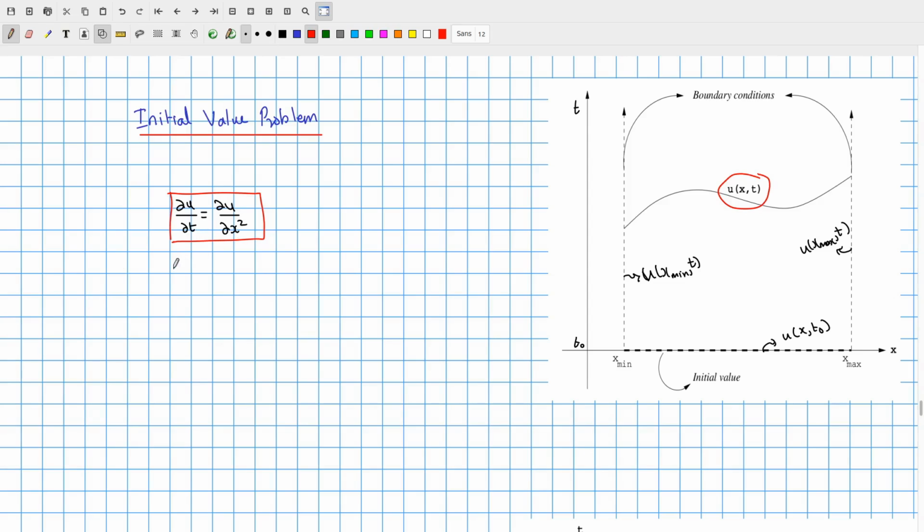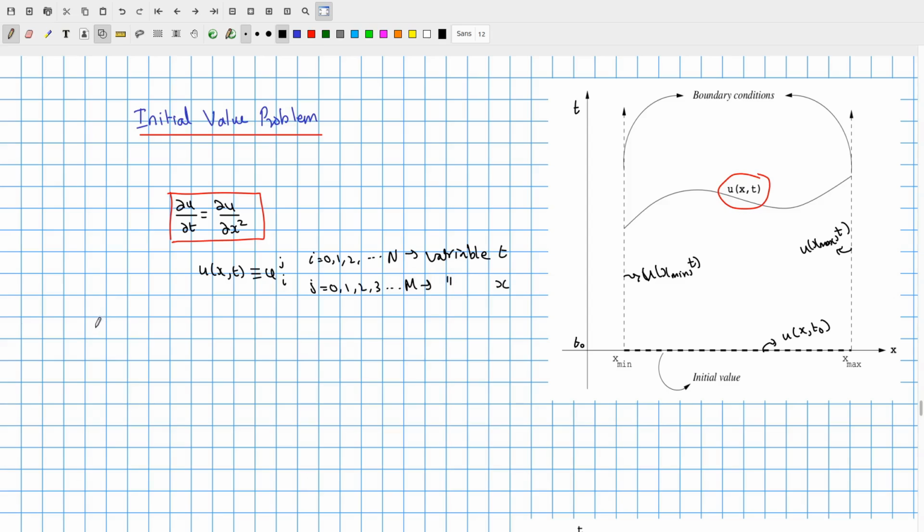As we saw earlier, the first step is to discretize our u. This time u will be a function of x comma t, and this has to be written as u of ij. Let us write i equal to 0, 1, 2, say up to n, and i corresponds to variable t, and j goes from 0, 1, 2, 3, say up to m, and this corresponds to variable x.